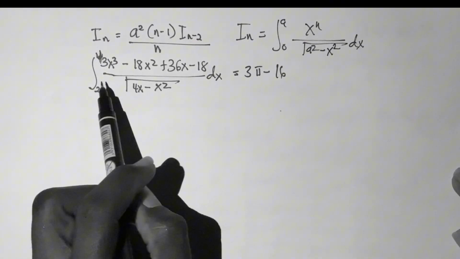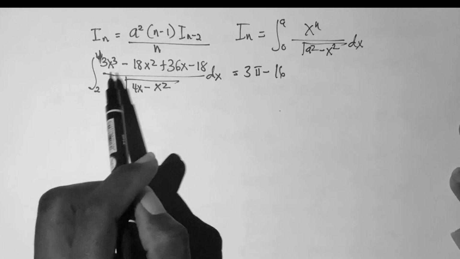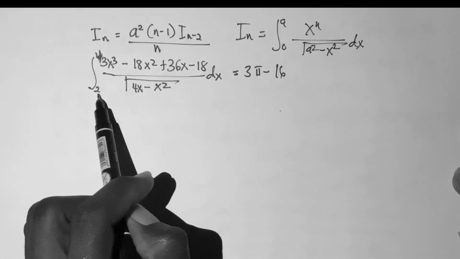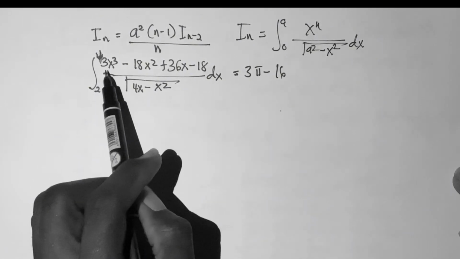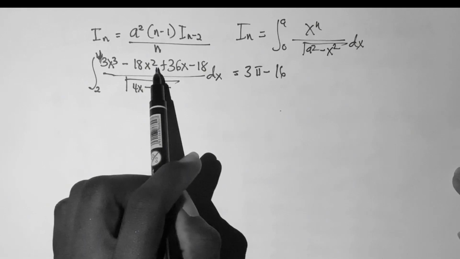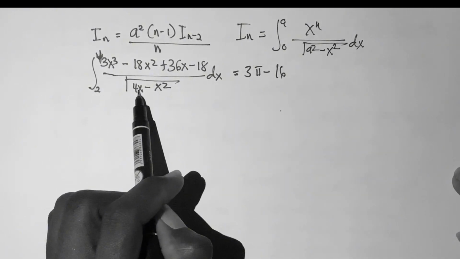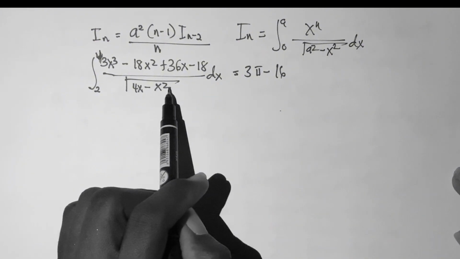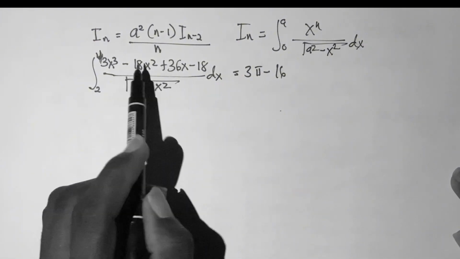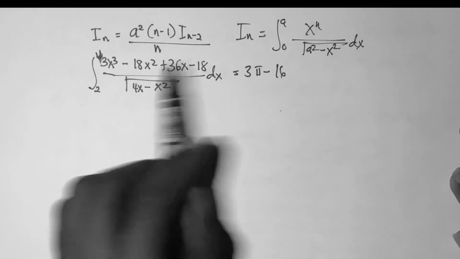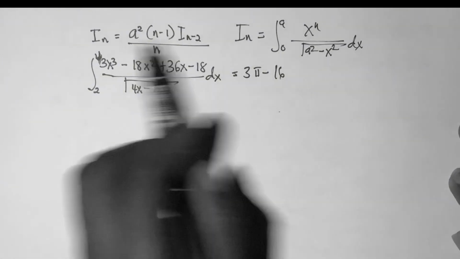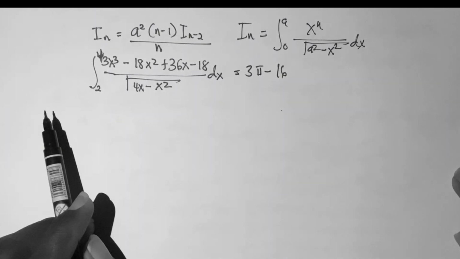The second part of the question says that we should solve the integral from 2 to 4 of 3x cubed minus 18x squared plus 36x minus 18 divided by the square root of 4x minus x squared. So what we need to do is to express all of this integral to look like this form, and we can use the definition for I of n.